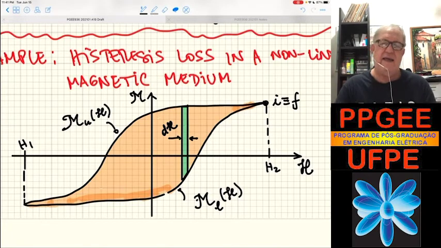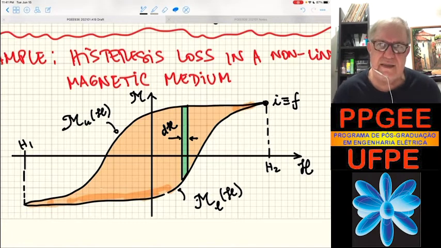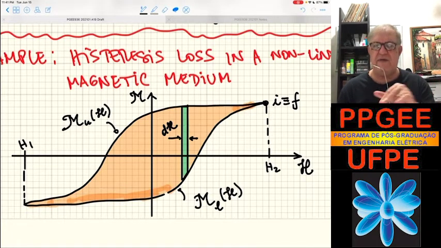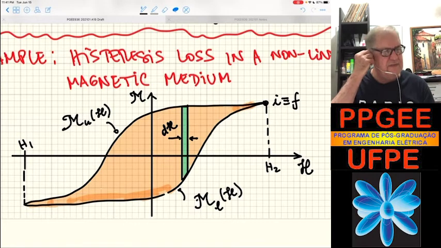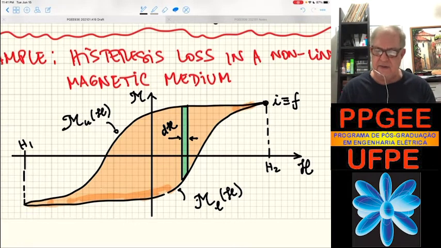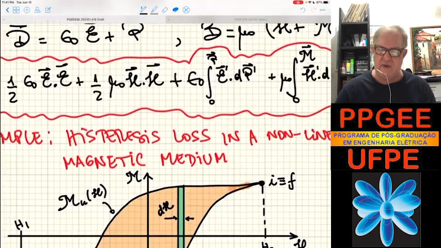So in steady state, the power given by the fictitious agent is going to be balanced by the power dissipated, the power loss in the magnetic material.